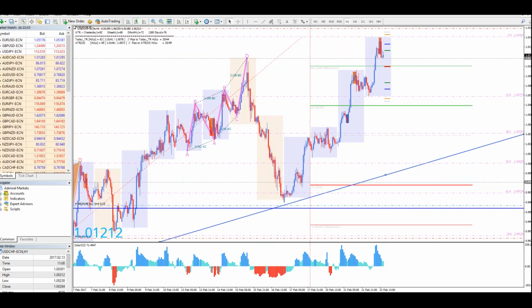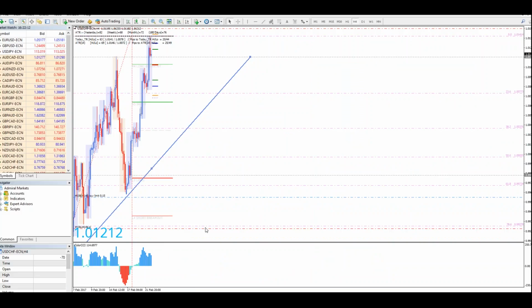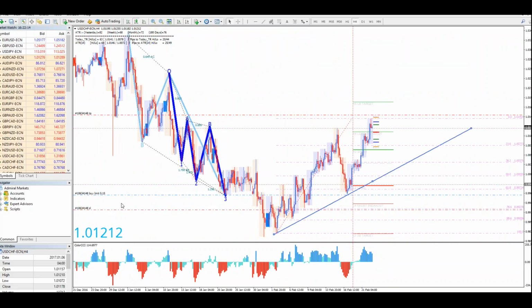The reason why I'm using weekly pivot point is simply, guys, the first thing I did in the analysis and making this live trade setup here is that I watched the 4-hour time frame. Because this dollar Swissy trade, I want it to be a swing trade. Okay, Navin, I want it to be a swing trade.